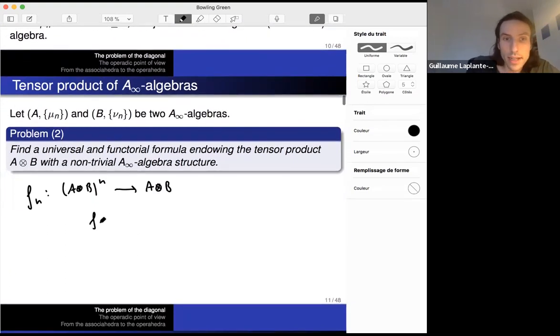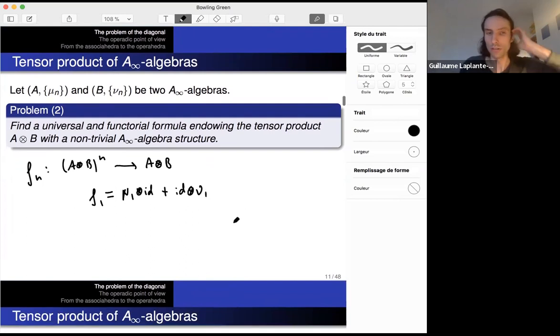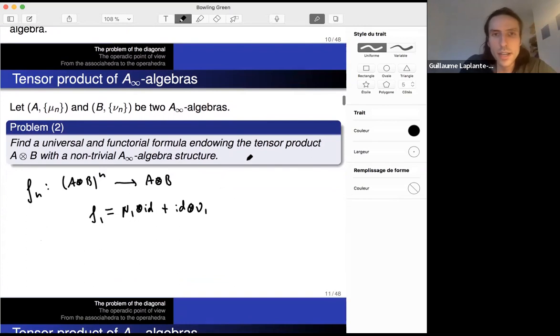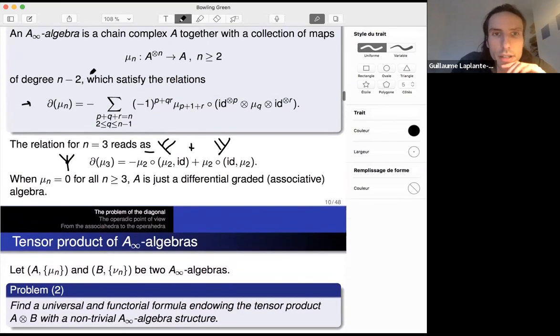So for rho 1, this is not so complicated. It's just the usual differential. Sorry, I defined mu n only for n greater than or equal to 2, but you can also think of mu1 as a differential.